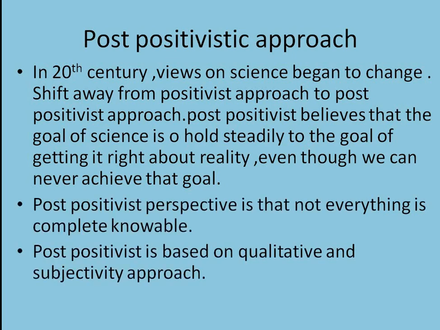Next, the post-positivist perspective is that not everything is completely knowable, and their theory is also based on a qualitative and subjectivity approach. Post-positivists are always constructivists, where constructivists are those who believe that each of us constructs our view of the world based on our perception of it.